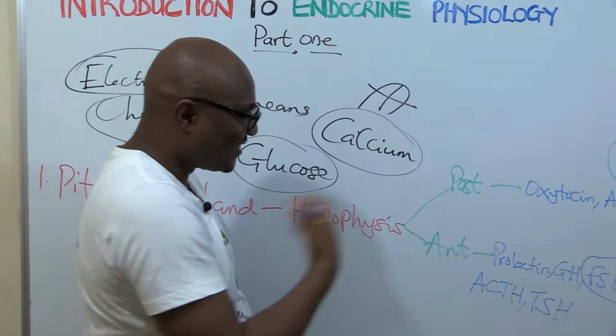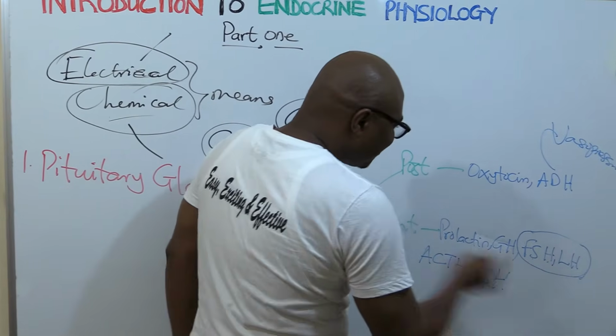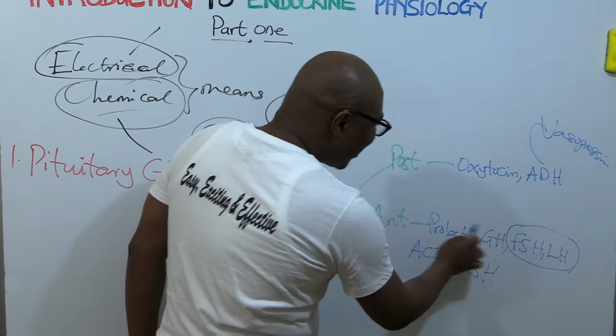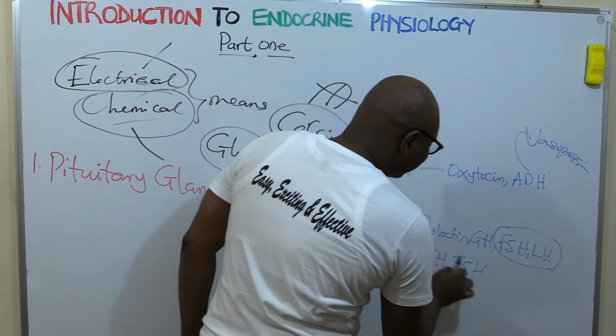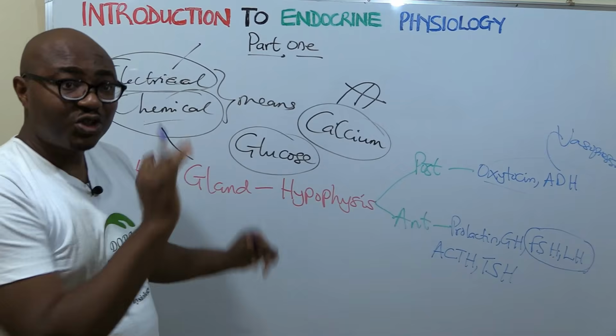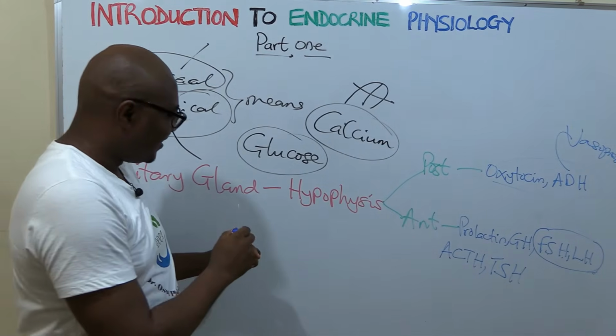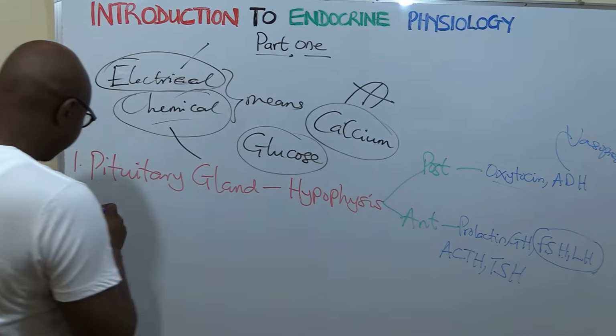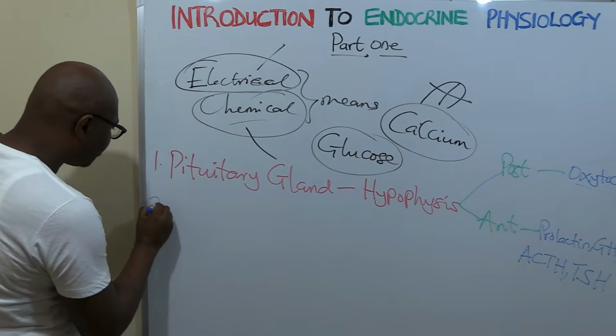That's why it's called thyroid stimulating hormone. So these are the hormones: 1, 2, 3, 4, 5, 6 for the anterior and 2 for the posterior. 8 hormones, just one gland. All right, so that is for the pituitary gland. Now let's go to number 2.